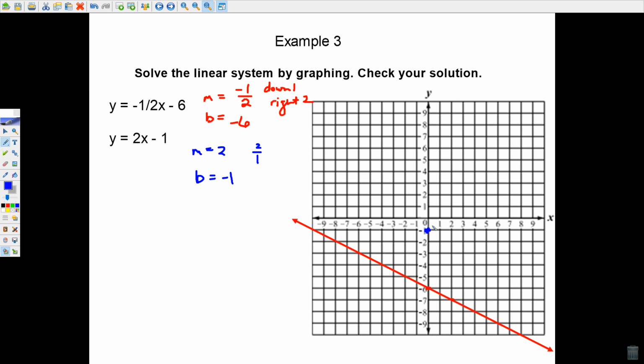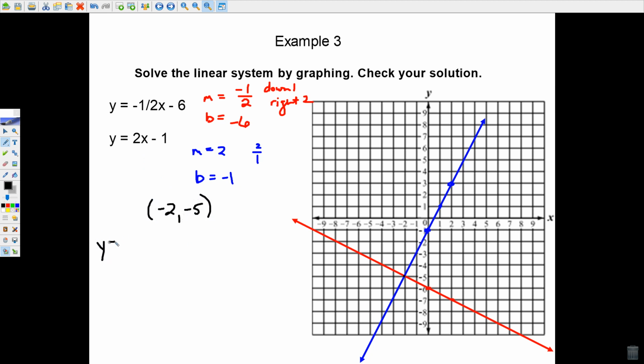From my y-intercept, up 2, right 1, up 2, right 1. And then I draw a line and should see a point where they intersect. Remember, my lines need to go exactly through the lattice points here. I can see that they intersect right down here at (-2, -5).